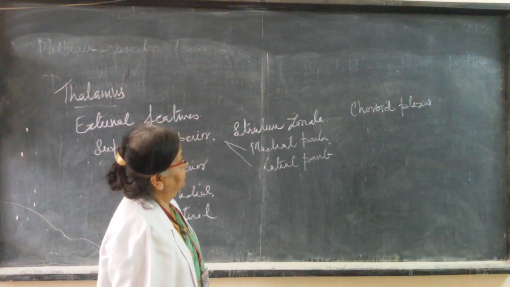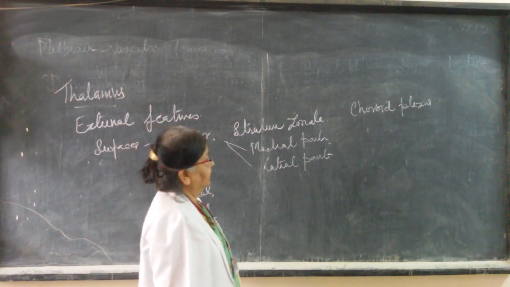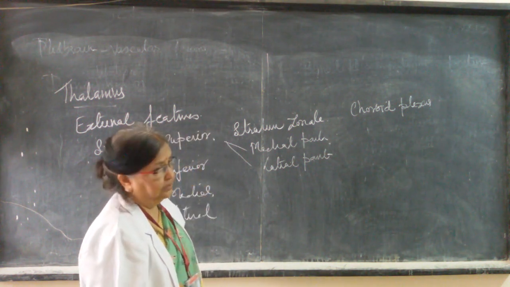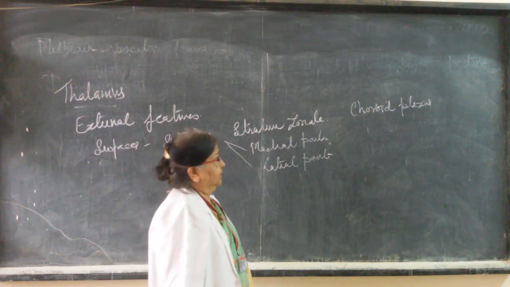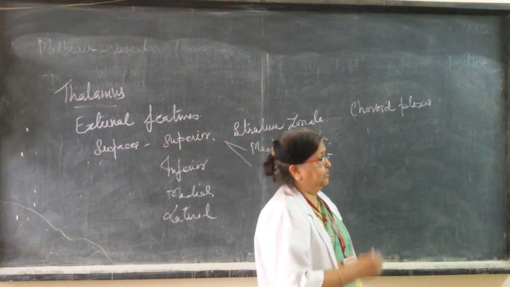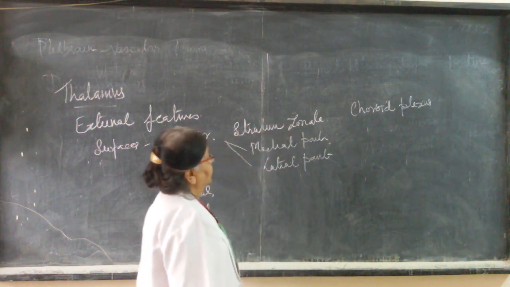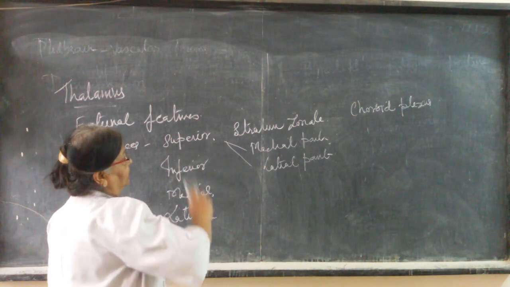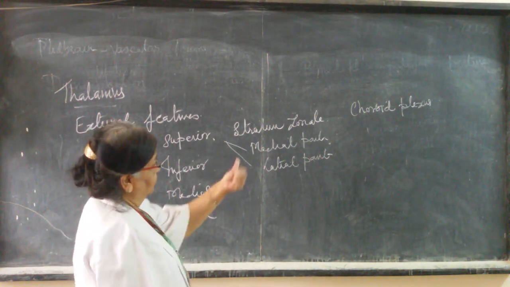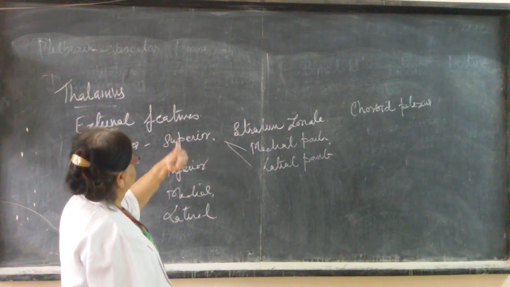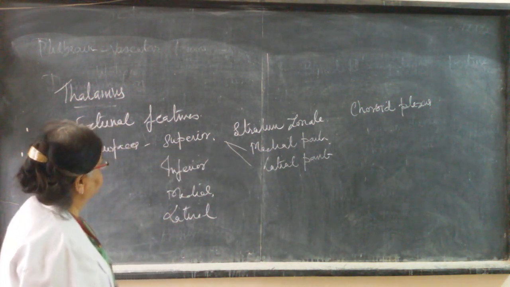They form villi-like structures, and these villi contain small vessels with capillaries, and this appears as a fringe-like structure. This choroid plexus is present over the superior surface of the thalamus.